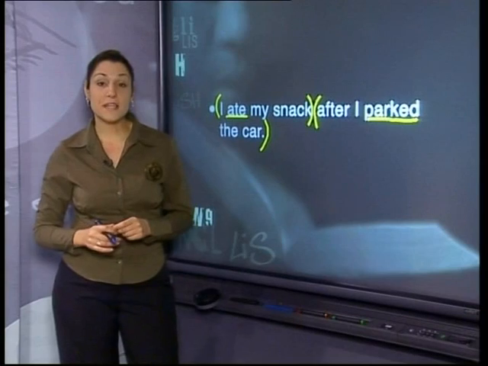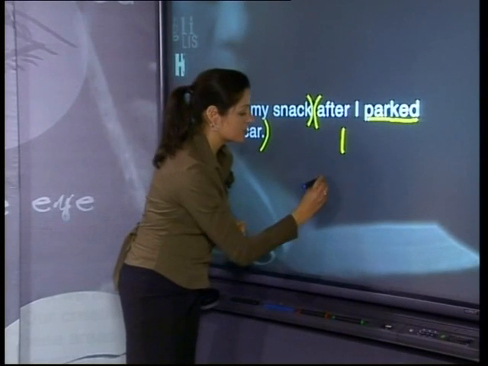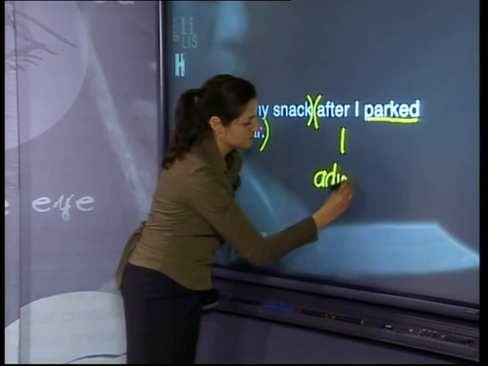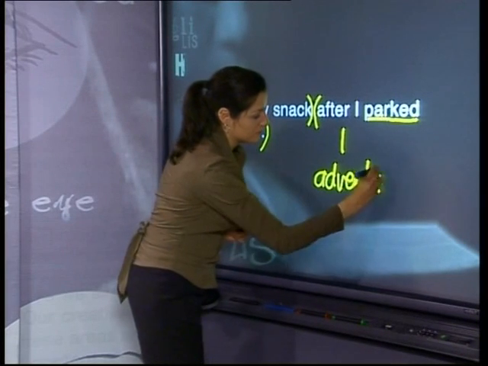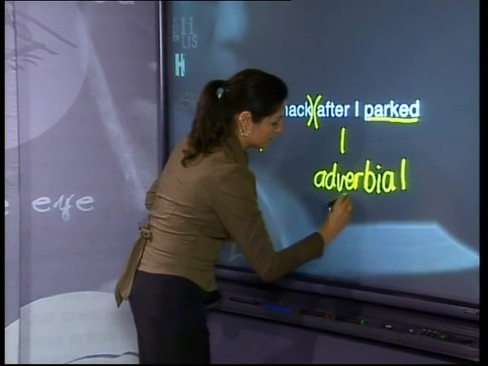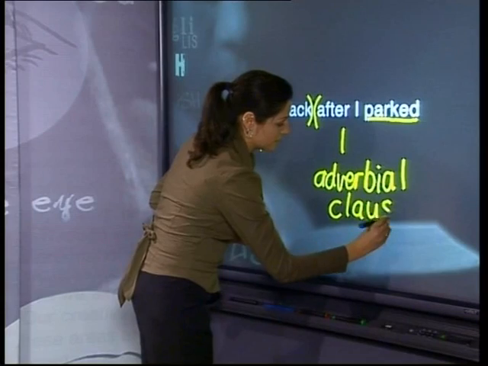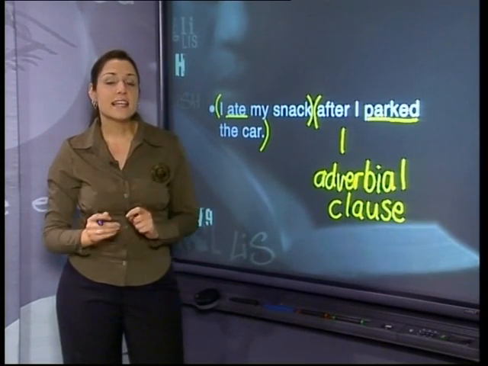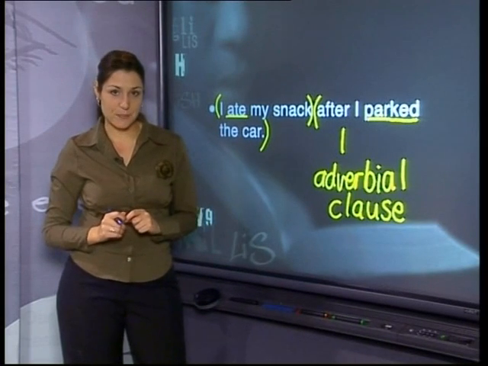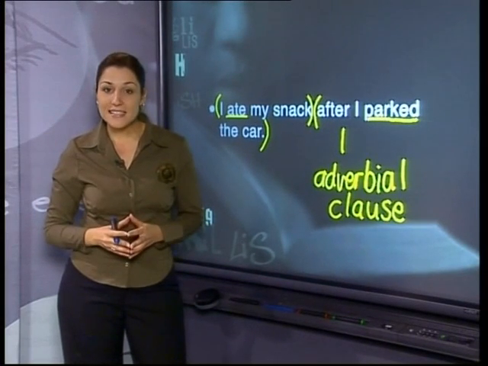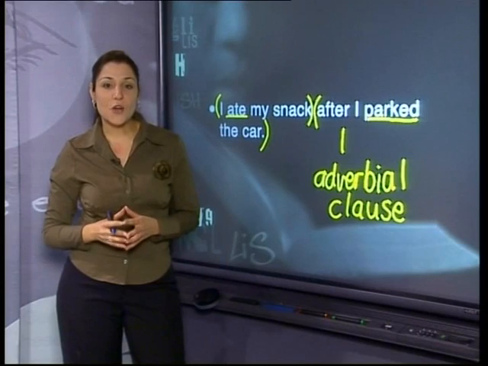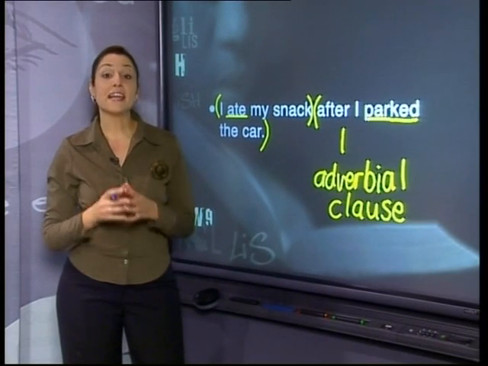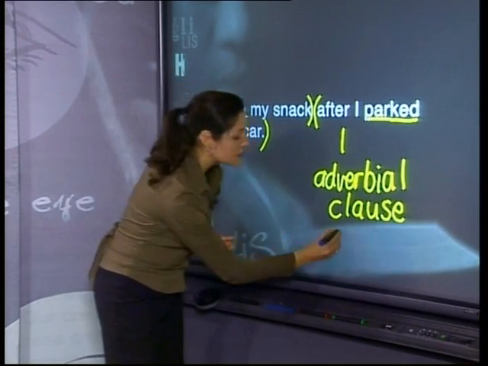So this must be an adverbial clause. Specifically, it is telling us when the eating happened. When did I eat my snack? After I parked the car. That makes it an adverbial clause of time.